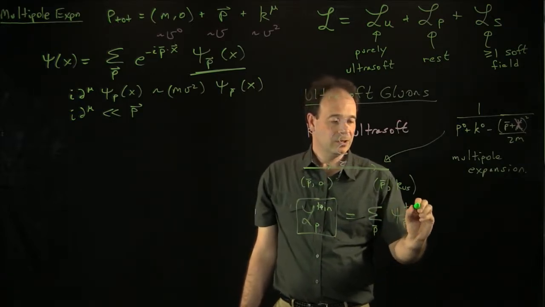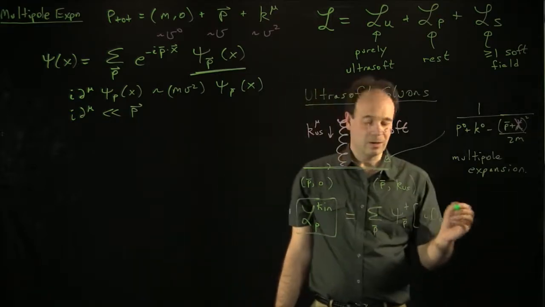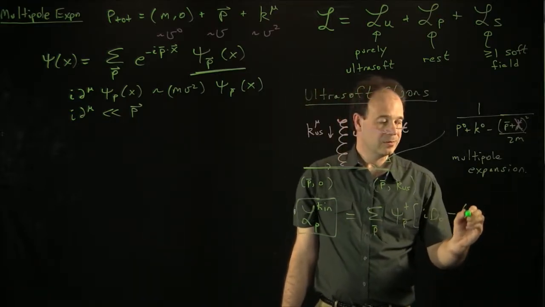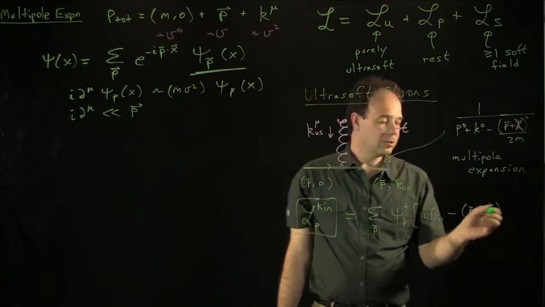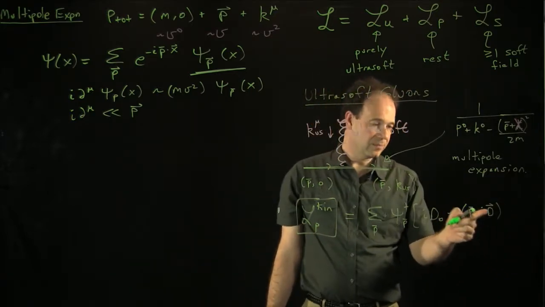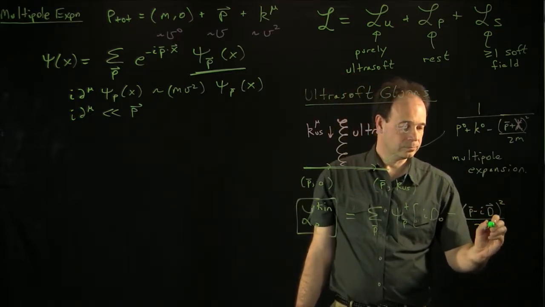So it's a psi p field, and then there's a covariant derivative. This is now a covariant derivative with respect to the ultrasoft. And now I'm splitting up the ultrasoft D from the soft p in this term here.